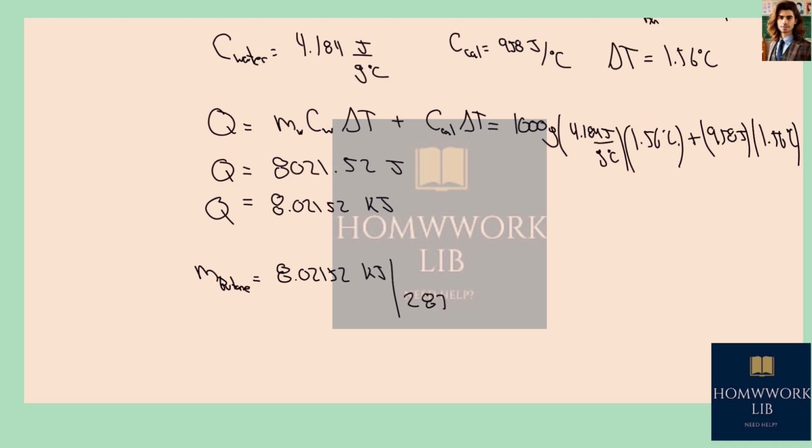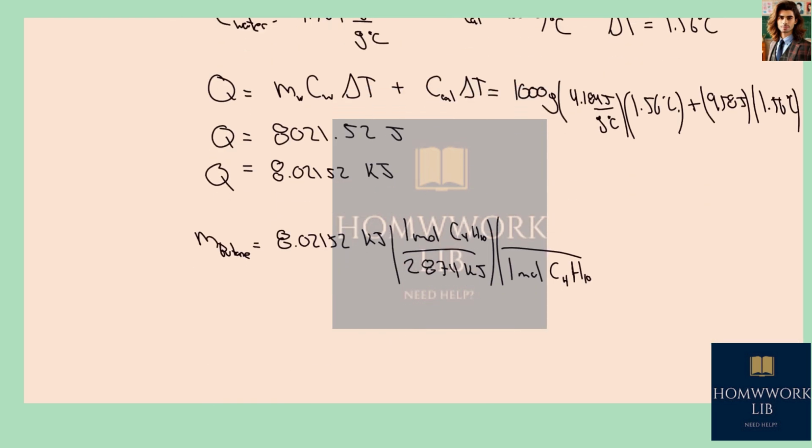We're told that 2,874 kilojoules are going to be given by 1 mole of combustion of butane, C4H10. And finally, we know that 1 mole of C4H10 is going to have a mass corresponding to the molecular weight, 58.12.